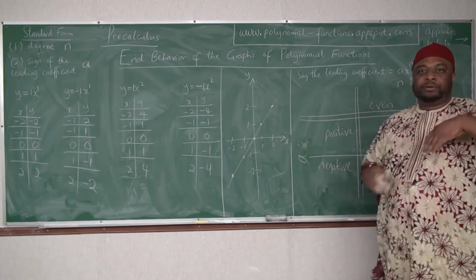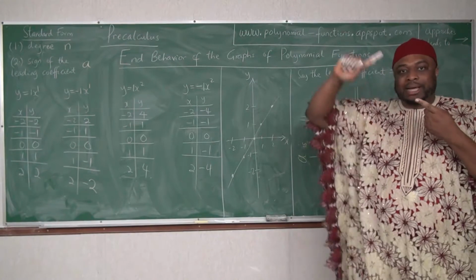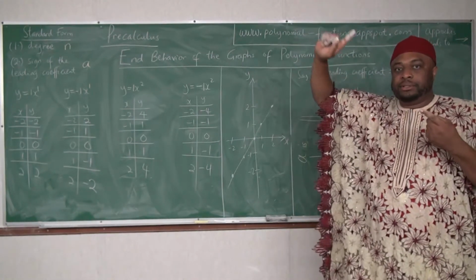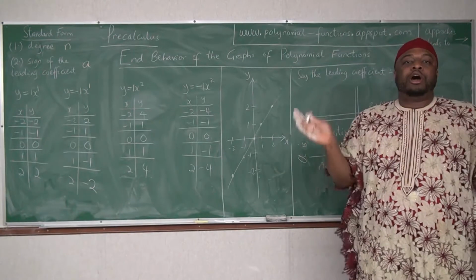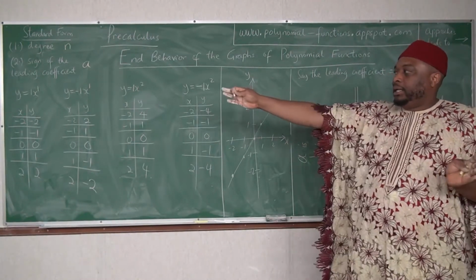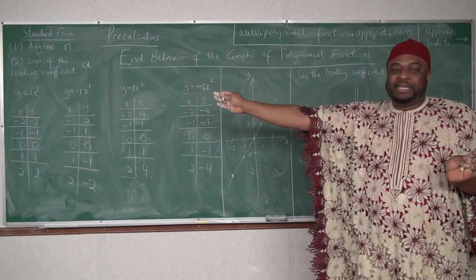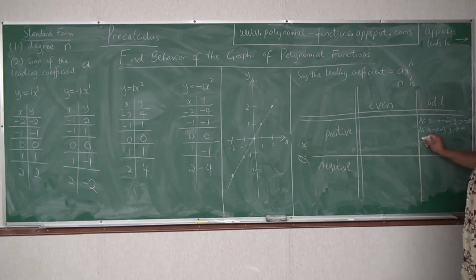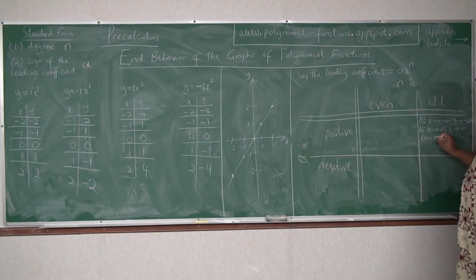And this works for x cubed, x fifth, x seventh. Okay, it works for all odd exponents, and then for positive leading coefficient. So this is down on the left, up on the right.